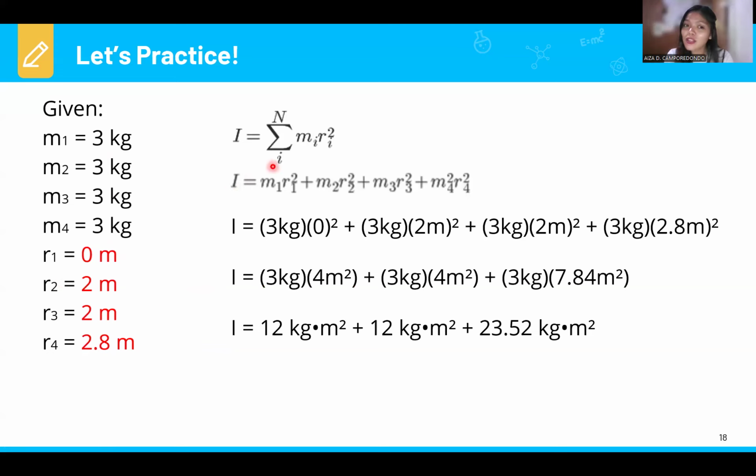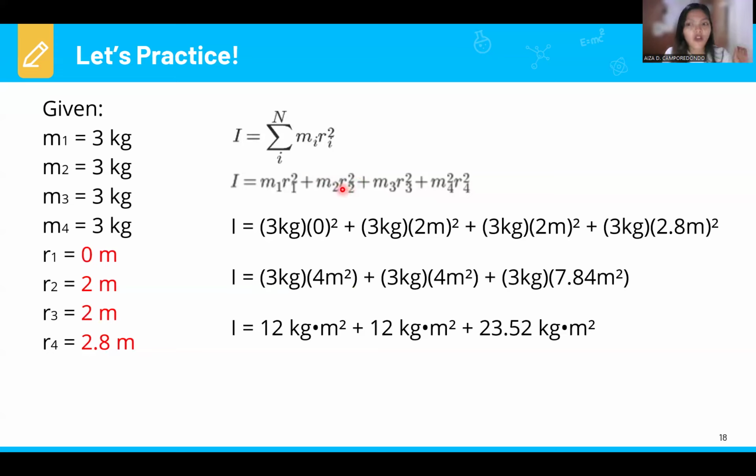We can now solve for the moment of inertia using the summation over the total number of particles of mass multiplied by radius squared. We're going to expand this like we did earlier, and here is the expanded formula.